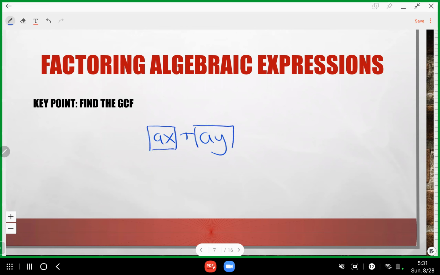We know that it's a different term when it's separated by addition or subtraction. When something is like a times x or a divided by x, that whole thing is a term because it's connected with multiplication and division. However, terms separated by addition or subtraction are different terms. So we can say that there are two terms here.